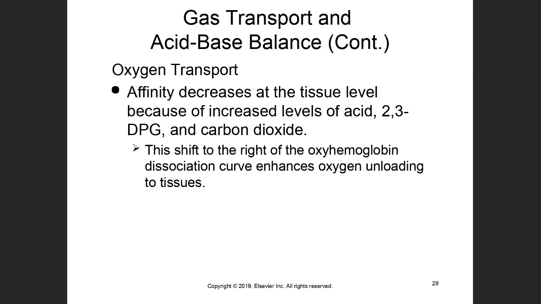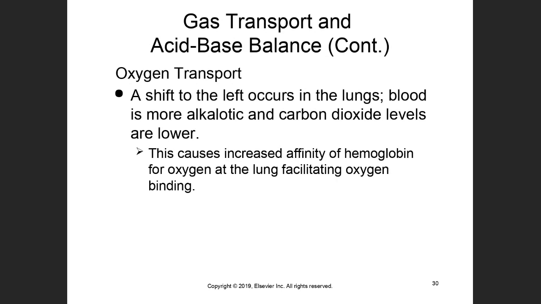Then there is a shift to the right of the oxyhemoglobin dissociation curve, which enhances oxygen unloading to the tissue. The shift to the left occurs in the lungs. Blood is more alkaline and carbon dioxide levels are lower. And when you are in the lungs, you increase affinity for oxygen.